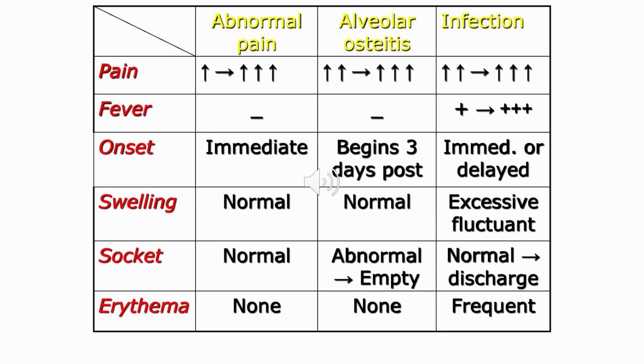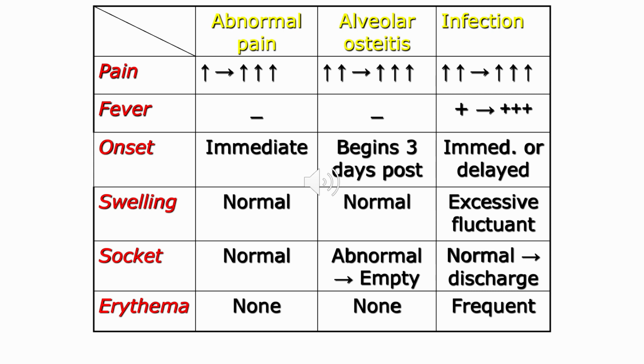Swelling: you shouldn't have swelling with abnormal pain or dry socket, and most likely will with an infection, anywhere from mild to moderate to severe, depending on the severity of the infection, obviously, and the location. The socket in abnormal pain will just look completely normal because it is normal, it's healing, they're just abnormally painful or have a low pain threshold.